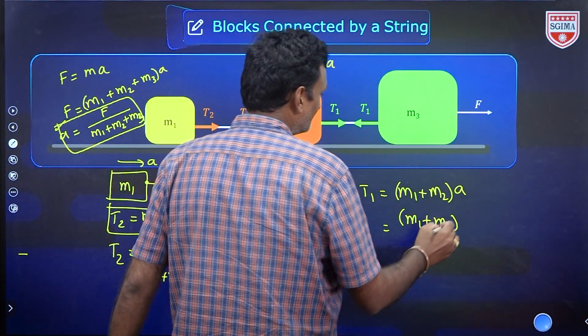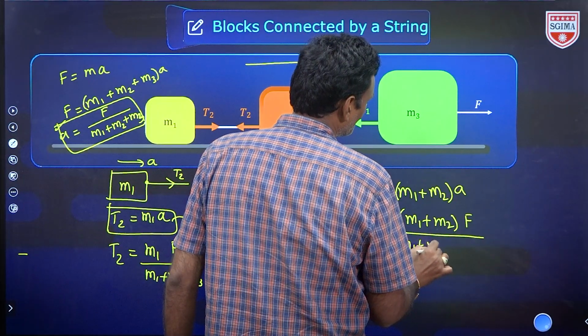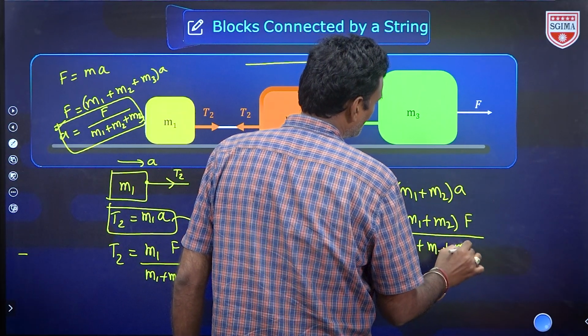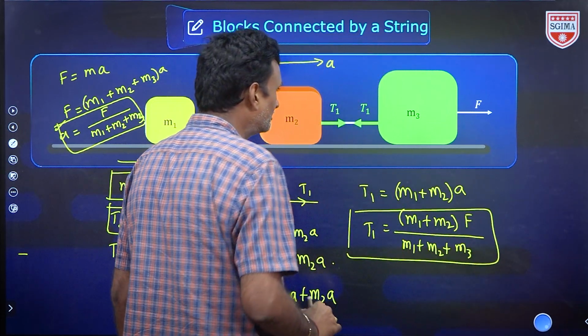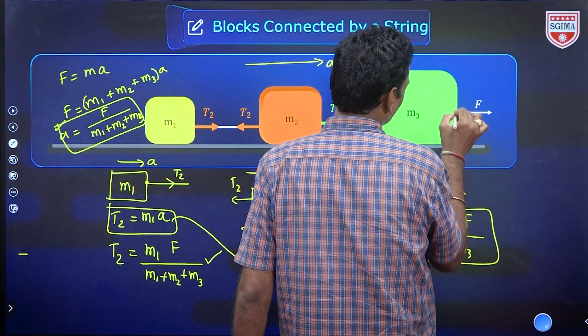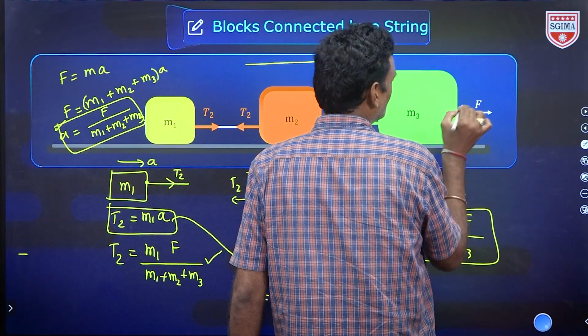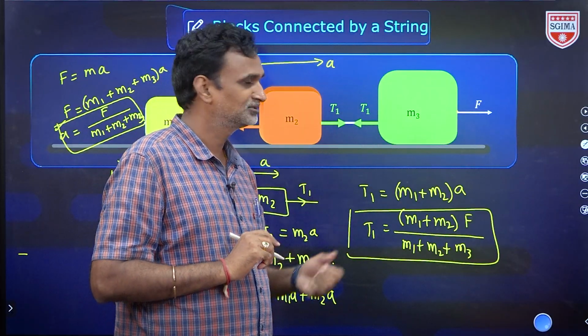A is F by m1 plus m2 plus m3. This is T1. And the force acting on this system is F on the right side, and on the left side, how much? T1.